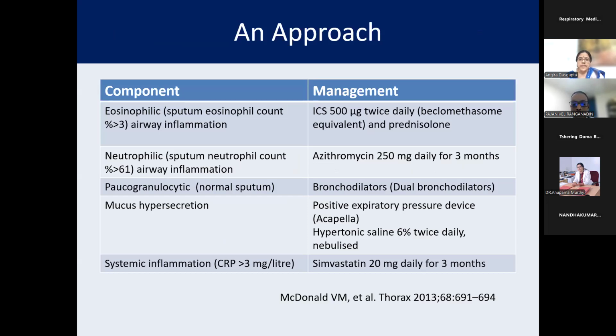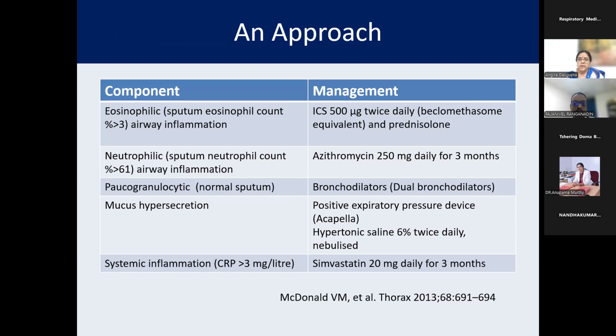So if we combined everything and took an approach to phenotyping COPD, we could well say that eosinophilic airway inflammation, best diagnosed by a sputum quantitative assay, would be treated with corticosteroids, either an oral one or an inhaled one, but no antibiotics there.